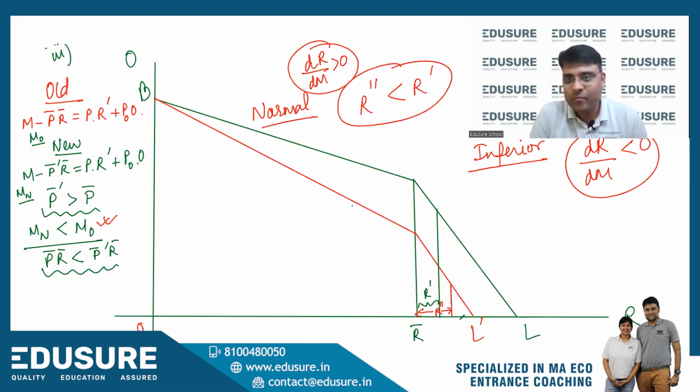Okay. If the money income will permit, the rice consumption will go up. Okay. Because it's an inferior good. So lower income, higher expenditure on rice.